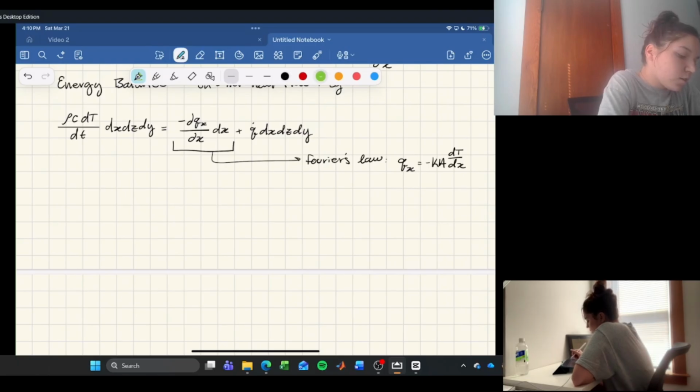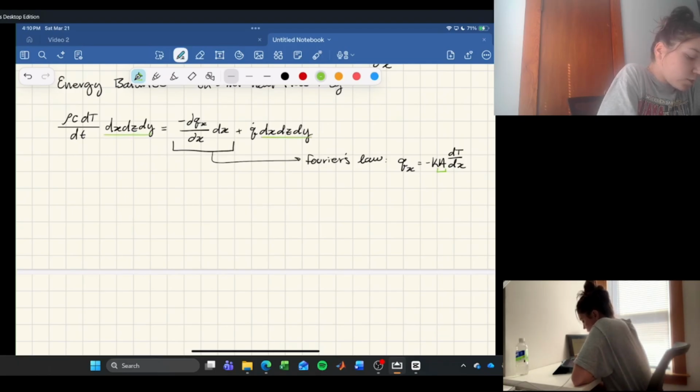And then this area here, if we look, this is all volume, and then right here is just dx. So this area is really dy dz, and we can plug this in.